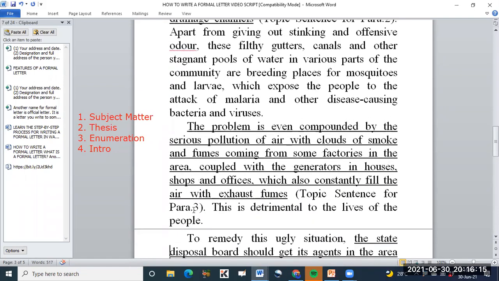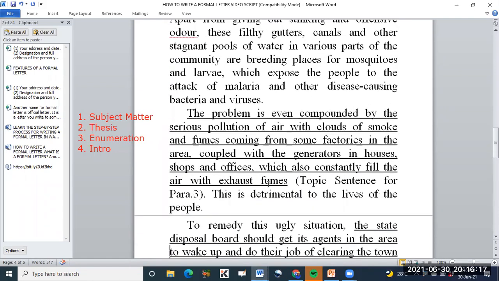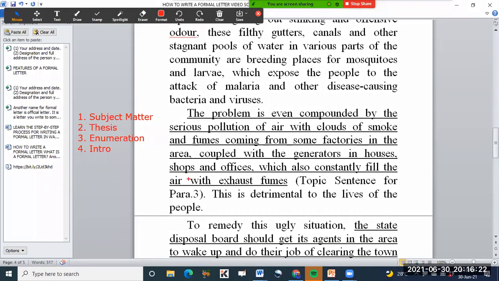Then in the next paragraph, which is going to be paragraph 4, not paragraph 3 now, again we begin with the topic sentence, and we are taking the third point in our enumeration.